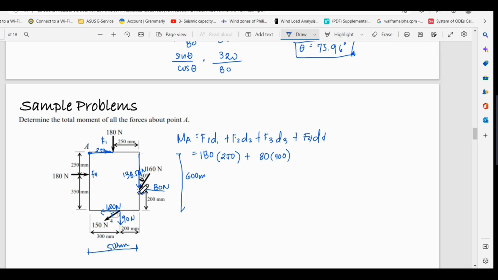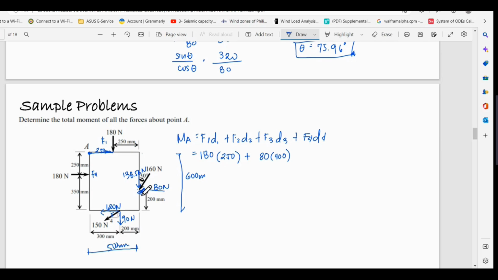Okay, so we are done with its X component. Let's proceed to the Y component of our force F2. We have 138.56. So our 80 Newton, this is our 400 mm.